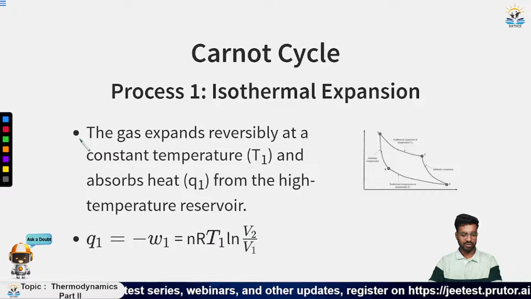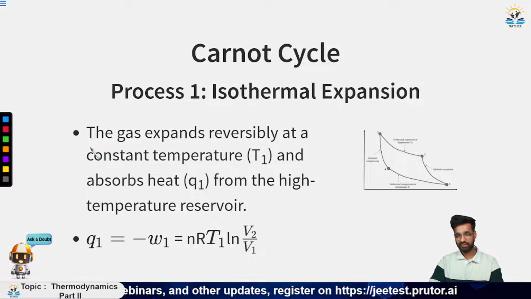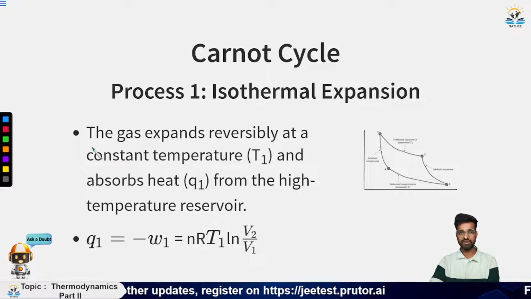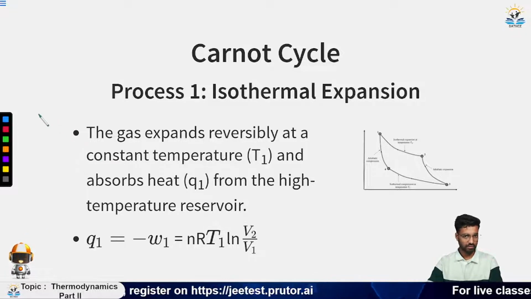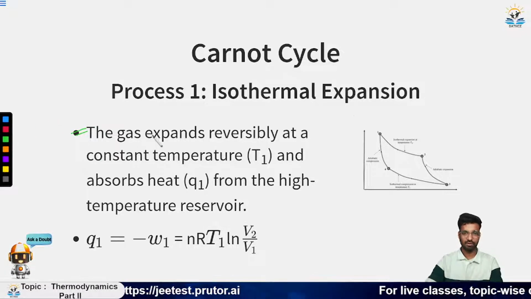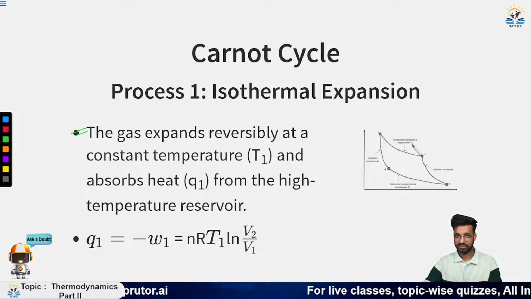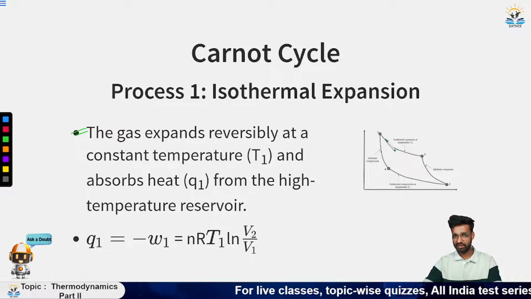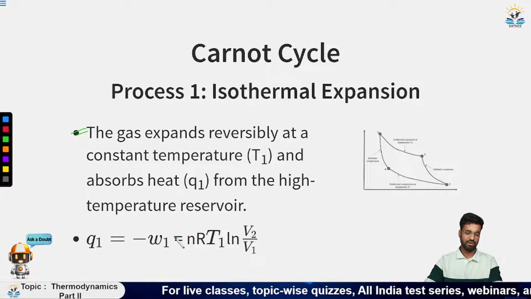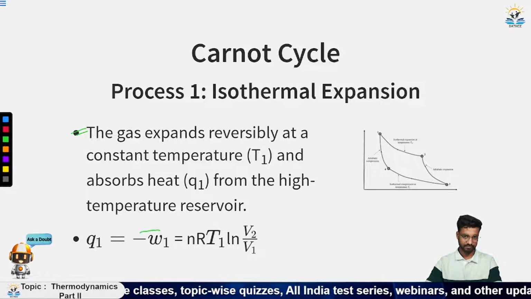Now, the more important thing here is that we have to calculate the work done for each and every step. The first is the isothermal expansion. Now we know the formula for work done.